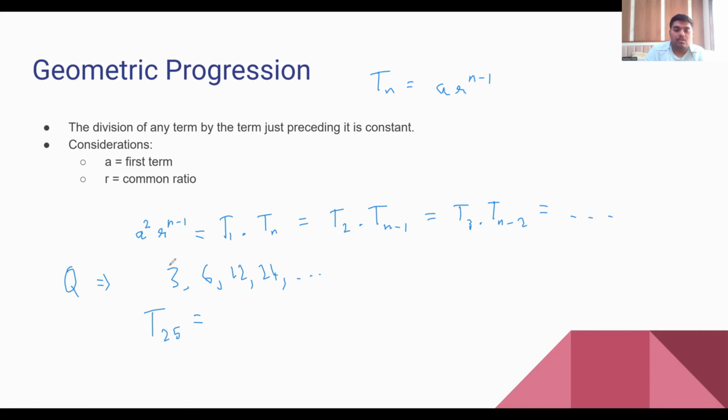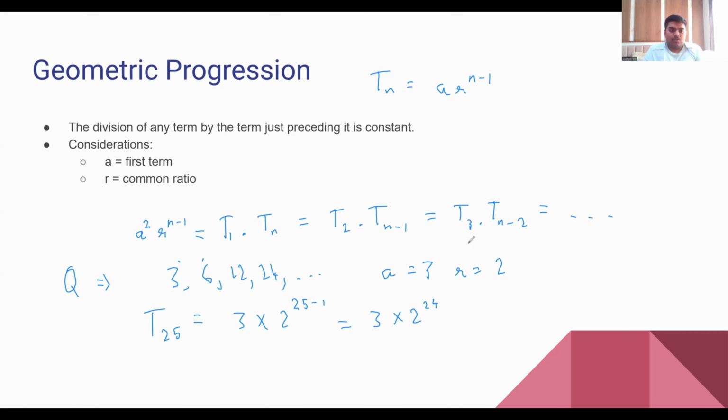Now see, what you will simply do is A is equal to 3 and R is equal to 2 because 6 divided by 3 is 2, correct? So T25 is 3 into 2 to the power 25 minus 1, which is equal to 3 into 2 to the power 24.